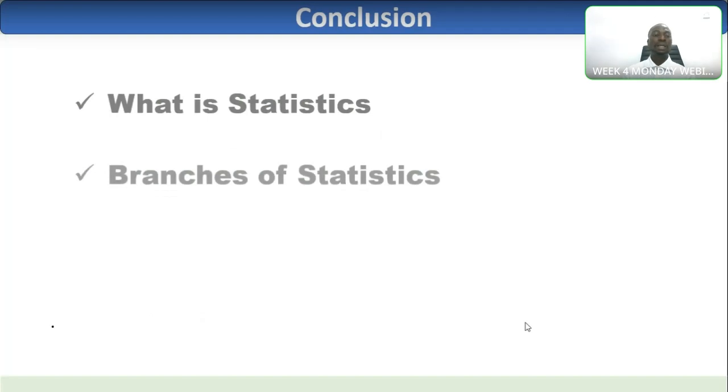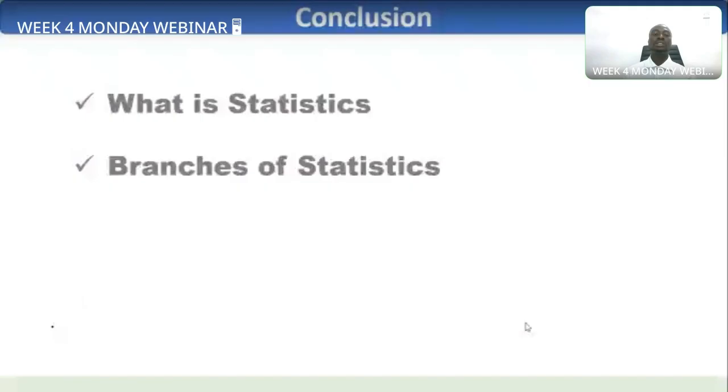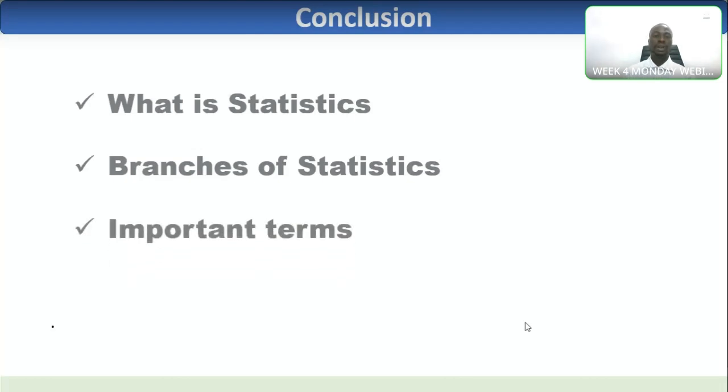And we spoke about the branches of statistics, which are the inferential statistics and the descriptive statistics. And we spoke about the important terms, such as population, sample, variable. We spoke about parameters and the sample statistics.